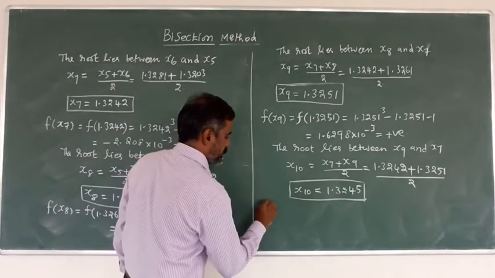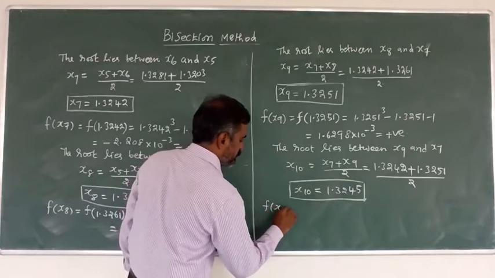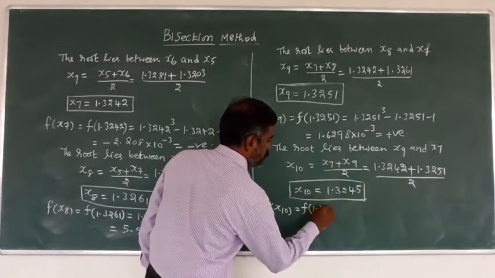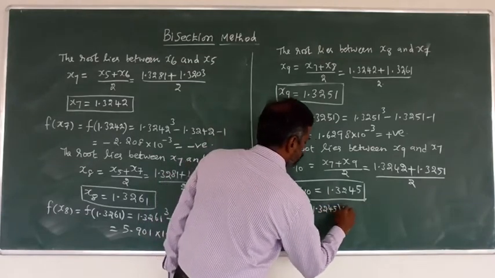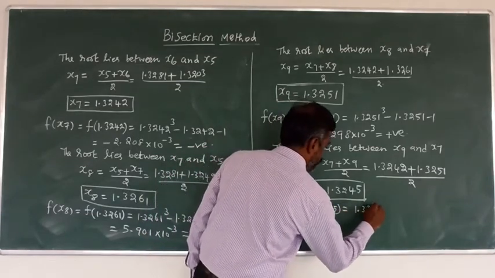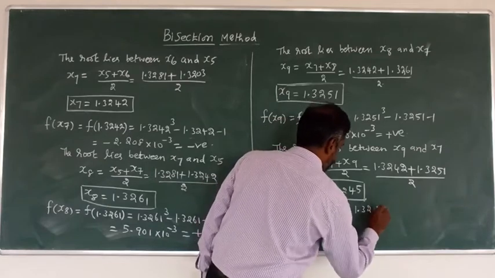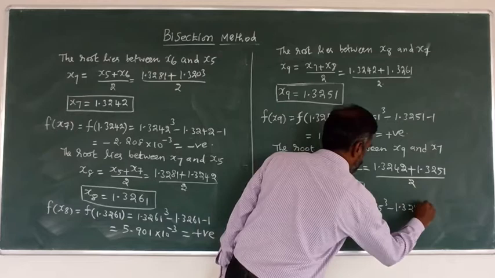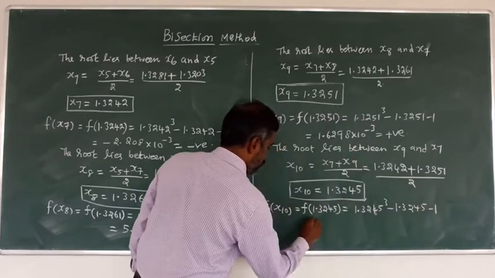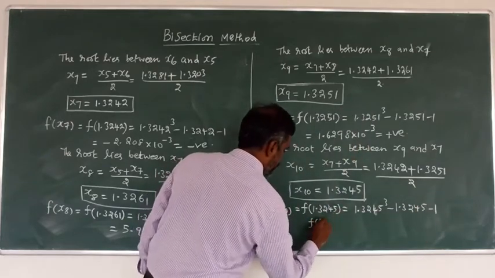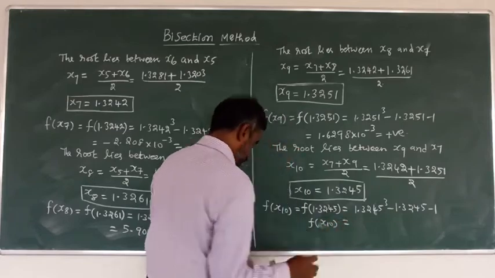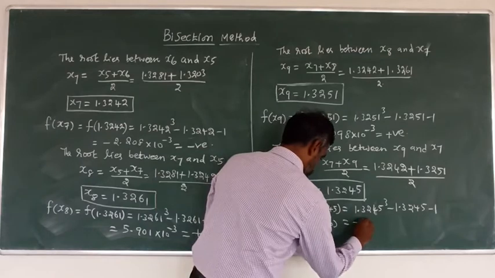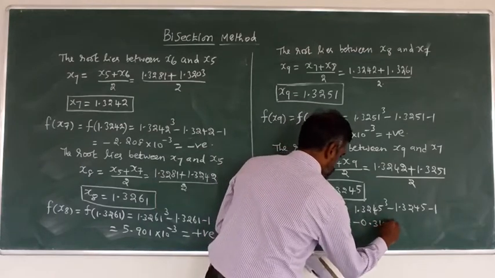Now to check f of x10, whether it is positive or negative. Substitute 1.3245 cube minus 1.3245 minus 1. So f of x10 we get the result minus 0.3108.